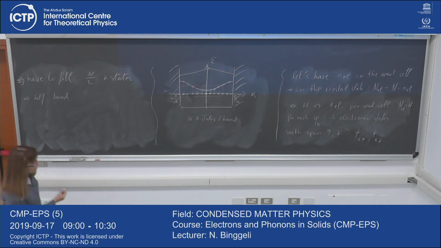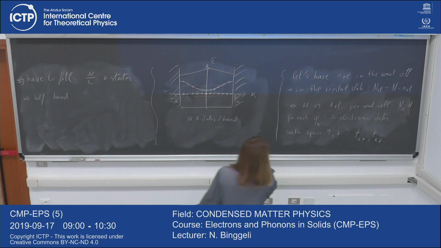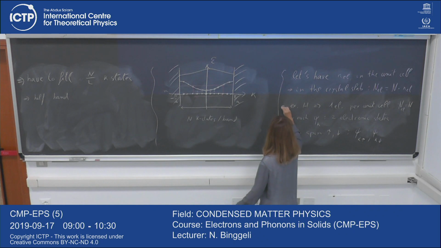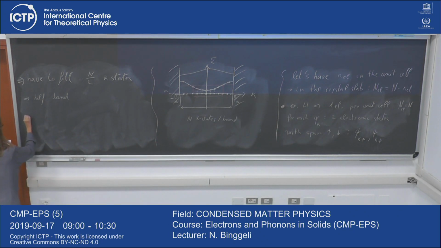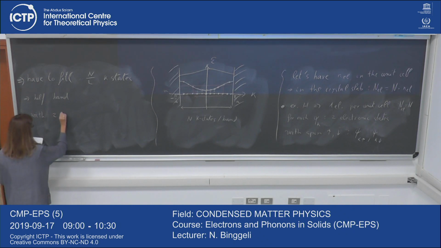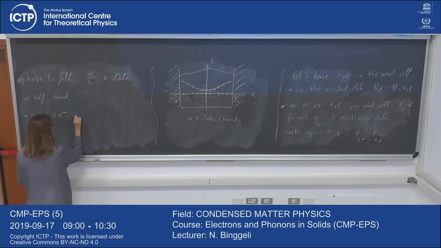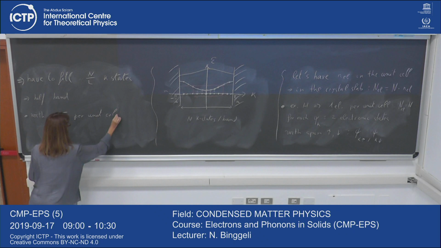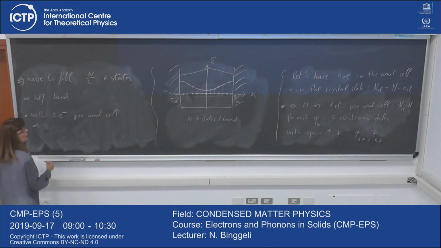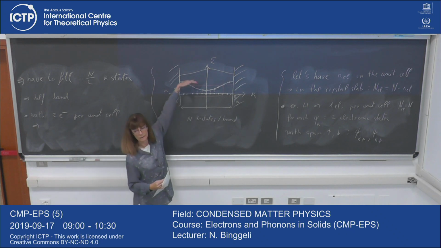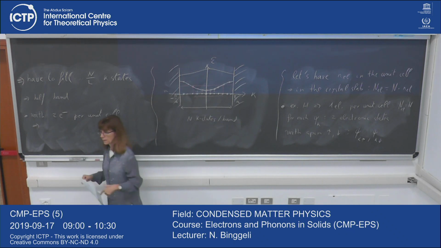Now, let's see. Okay, so this was for one electron per unit cell. Now, if I have two electrons per unit cell, then I will fill exactly one band. Okay?